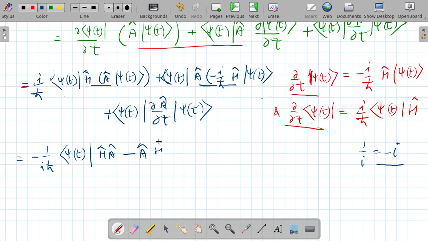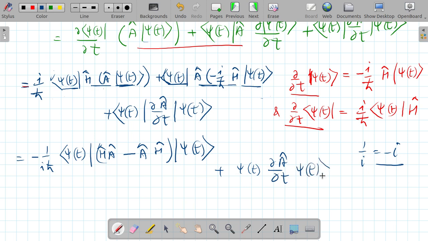So minus AH will be there, and here I can put this towards that side because it is with this term and this term also, right? So I will express it in this way, plus psi t curly A by curly t into psi t.